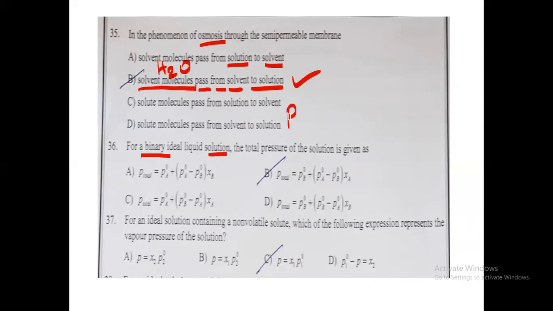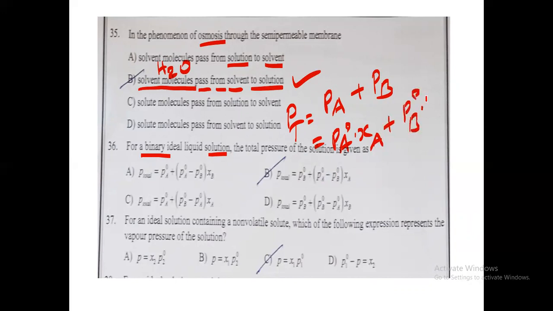That is one. Now generally, P total in case of ideal solutions is the vapor pressure of pure solvent A and vapor pressure of solvent B added. So PA value plus PB value will be P total. PA means PA naught XA, plus PB is PB naught XB.